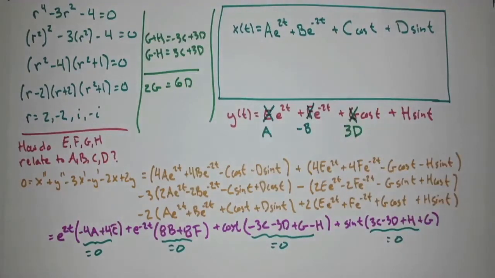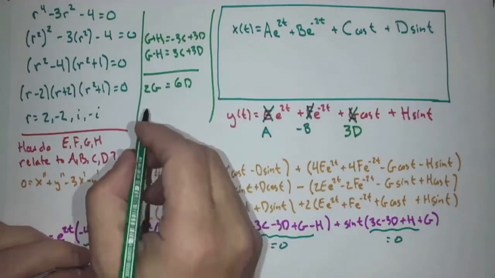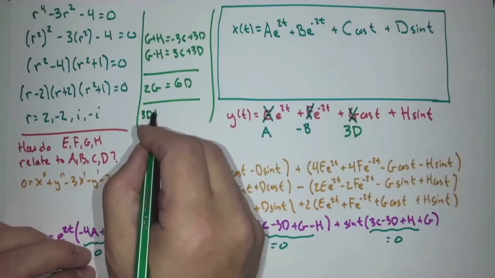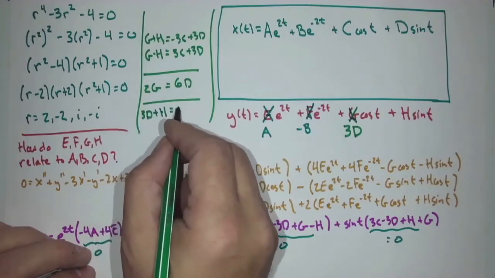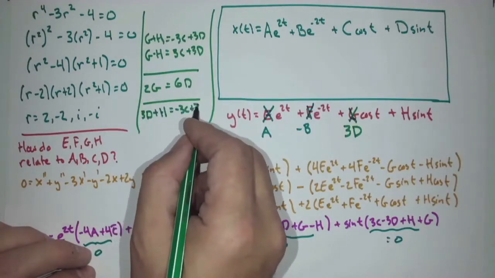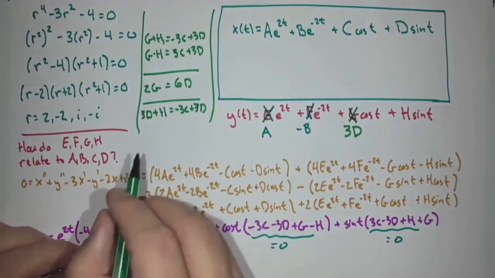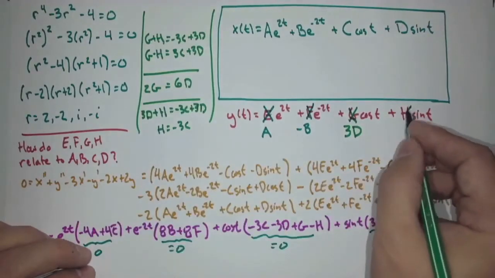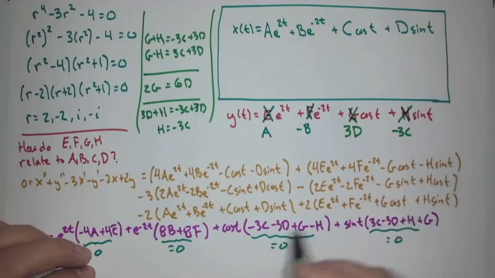Now, once you know that, well, you can do something like substitute, right? G is 3d, so 3d plus h is equal to minus 3c plus 3d. So what does that tell us about h? Negative 3c.